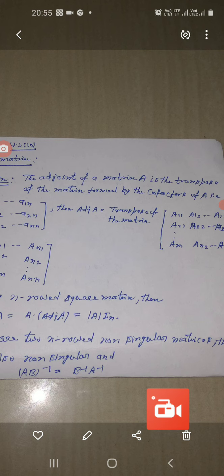Regarding the adjoint of a matrix, there is one important theorem which is required for you to know.